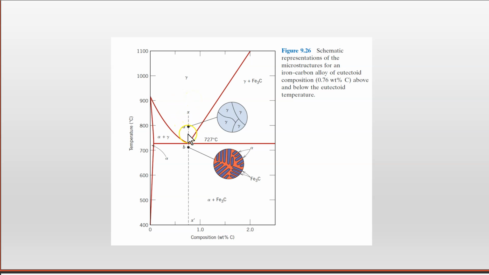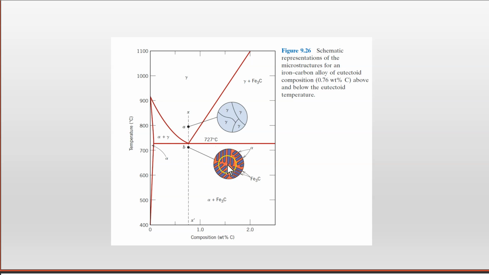However, as it cools, because of the limited solubility of carbon in the BCC phase, which is the alpha ferrite phase, we get a separation into Fe3C, cementite, and alpha. And this occurs as very finely divided lamellae, which greatly strengthens the material.